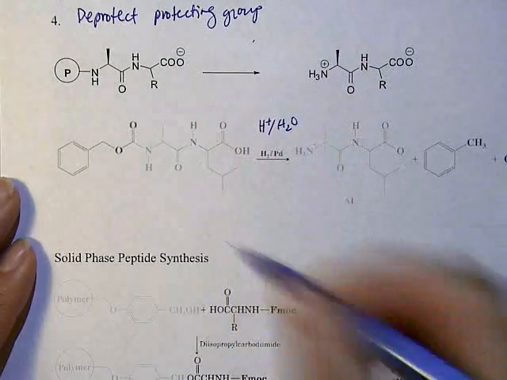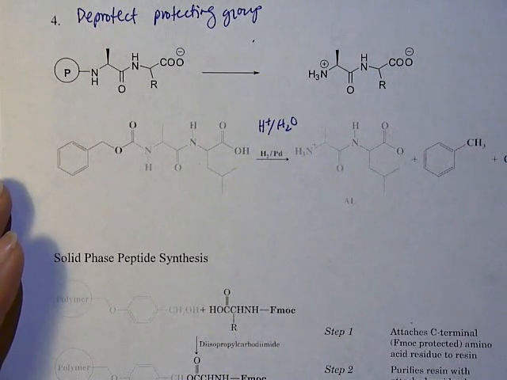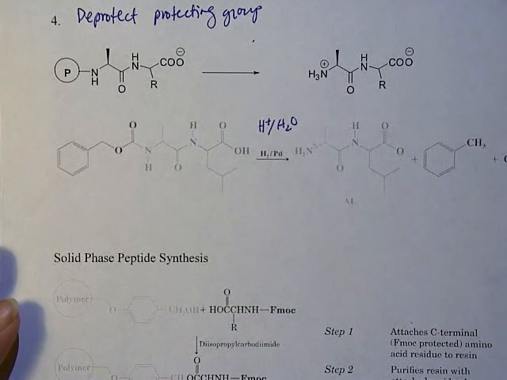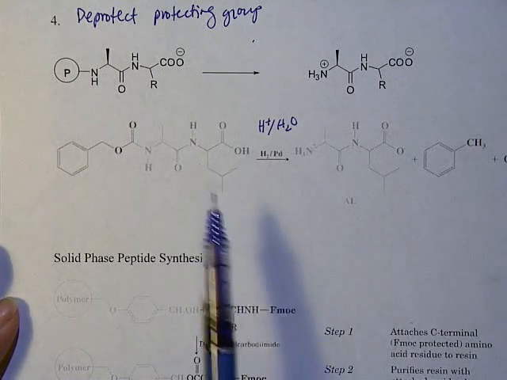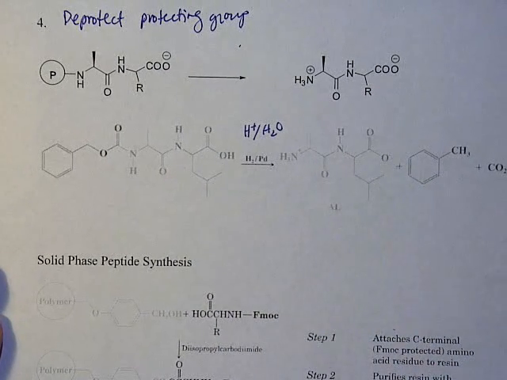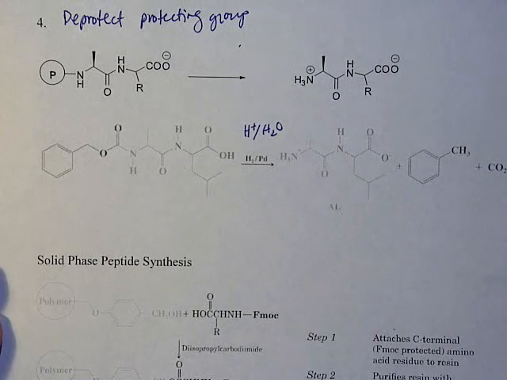So you'll see various conditions in the deprotection step. The acid that they like to use is trifluoroacetic acid a lot of times, so you'll see that as the acid to deprotect. So notice at the very end then you have what you wanted, which is alanine with leucine dipeptide.